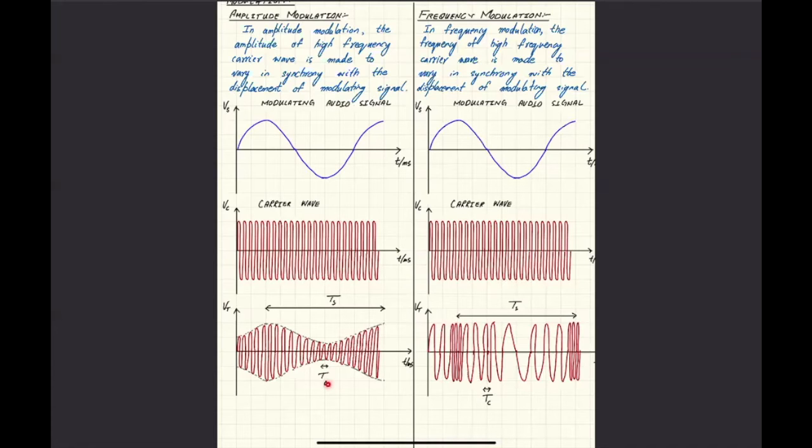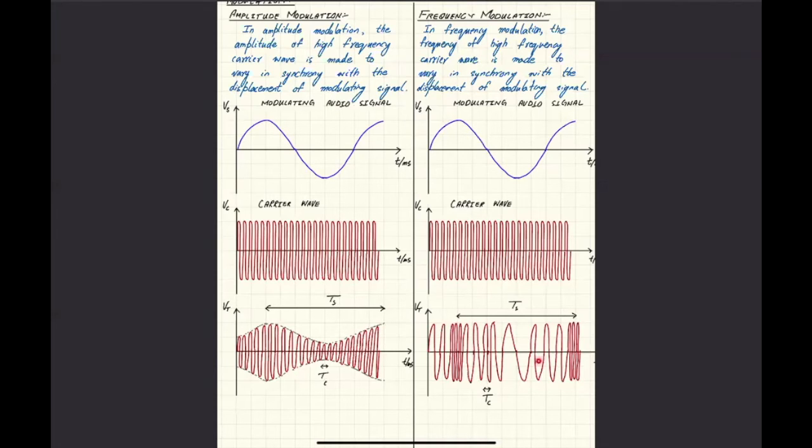And you can use that as 1 over time period to calculate the frequency of the carrier wave as well. And you can also make the carrier wave if that's not given to you by looking at this graph. Likewise, the examiner can ask you to find out the frequency of the modulating audio signal out of this diagram. So you can see one wave from here to here. That's one audio signal. So that would be the time period, and hence you can identify the time period and make a sketch of a modulating audio signal. So what I'm trying to say is that with these two diagrams, you should be able to make this. And with this diagram, you should be able to make these two as well.